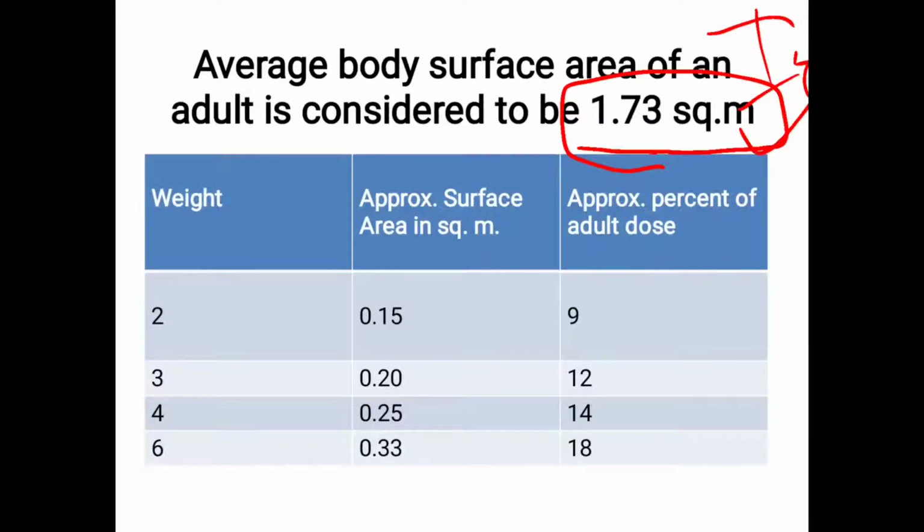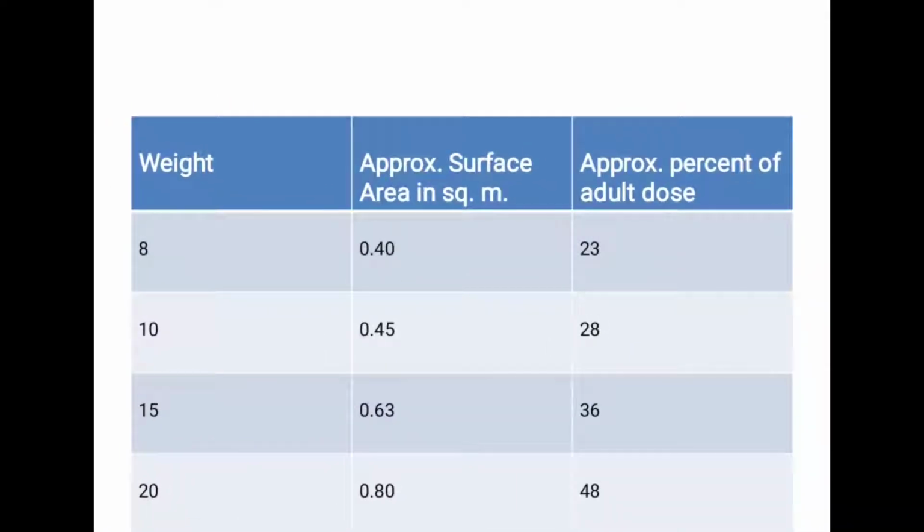For 6 kg, 0.33 and the approximate percentage of adult dose is 18. Like this we will continue: 8 kg, 0.4 and 23; 10 kg, 0.45 and 28; for 15 kg, 0.63 and 33; and for 20 kg, 0.8 and the approximate percentage of adult dose is 48.